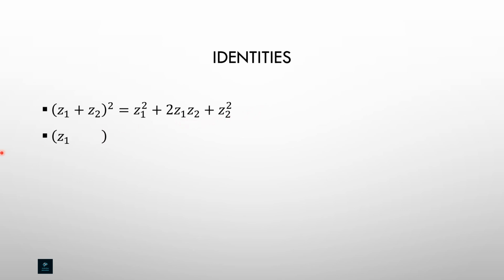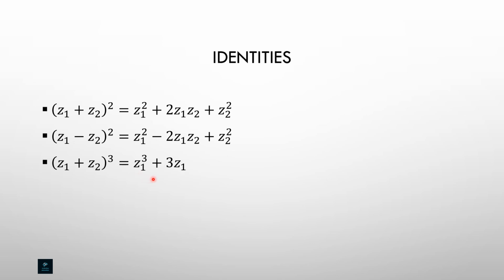The next one is z1 minus z2 whole square, which is equal to z1 square minus 2 z1 z2 plus z2 square. The next is z1 plus z2 whole cube, which is equal to z1 cube plus 3 z1 z2 times z1 plus z2 plus z2 cube.